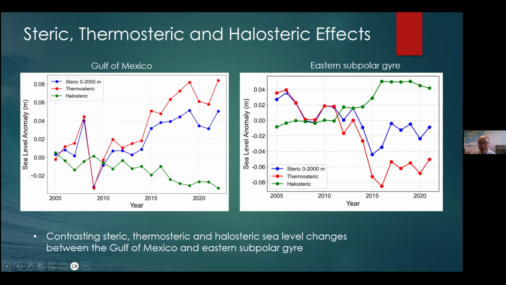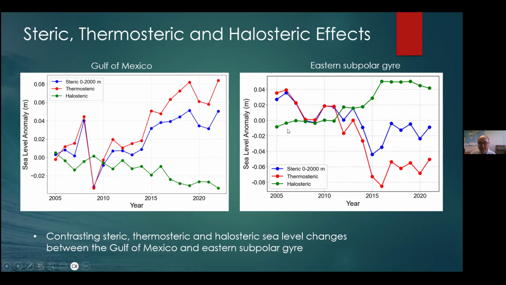You can see the red curve here is the thermosteric sea level. There is a thermosteric sea level fall in the eastern subpolar gyre region, and this is due to the ocean cooling in this region.